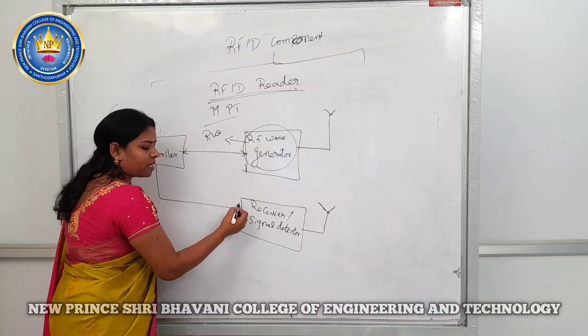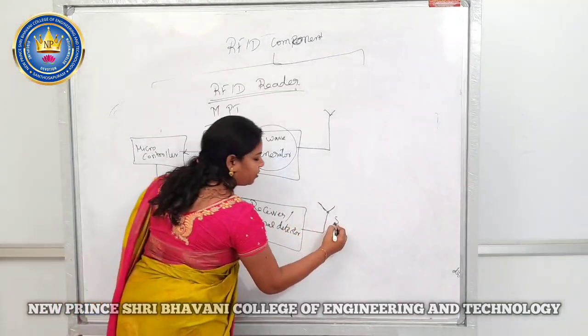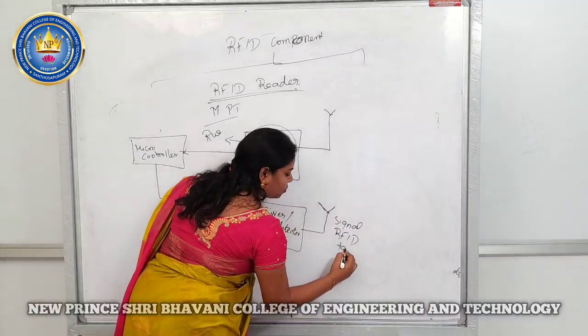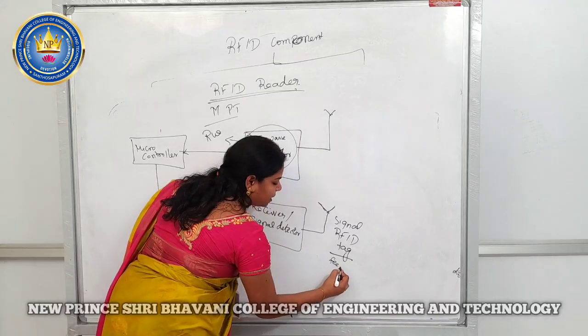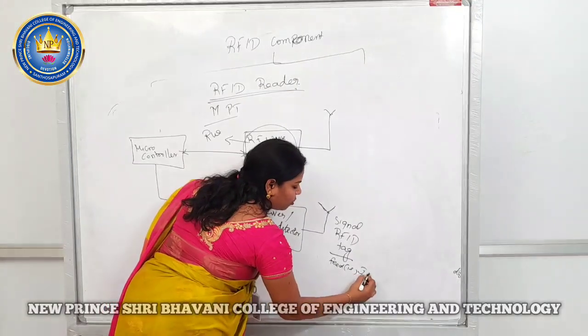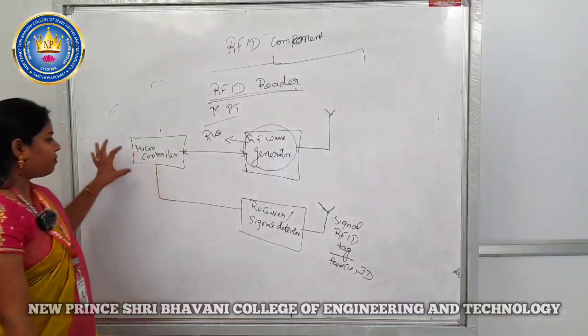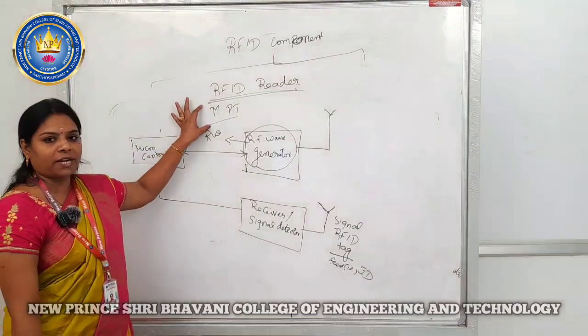The signal is also received from the signal detector or receiver. Here the signal comes from the RFID tag, which sends the feedback, that is, the ID of the object. These two signals are received and controlled by the microcontroller. That is the logic of the RFID reader.